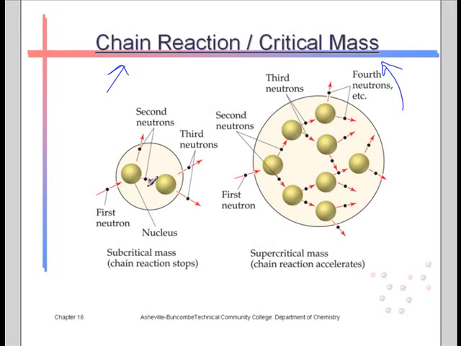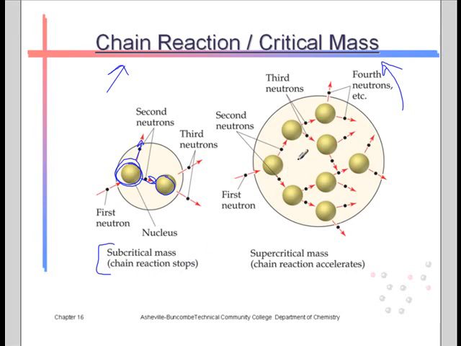So initially, if the density of the material isn't terribly great, you get one neutron coming in, smacking into your uranium. You kick off a couple neutrons, and it may cause a few more uranium atoms to disintegrate. This would be a subcritical mass example. The chain reaction stops.